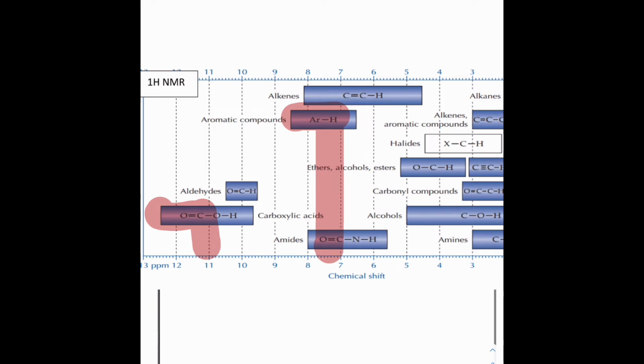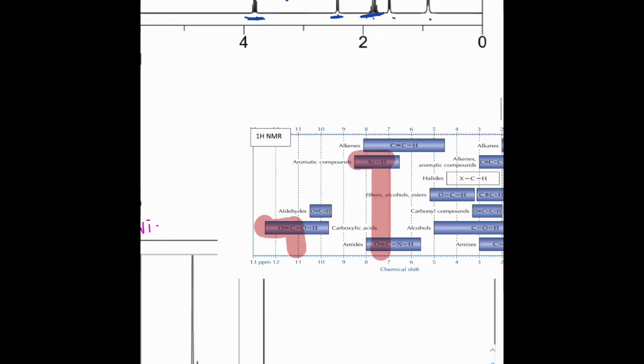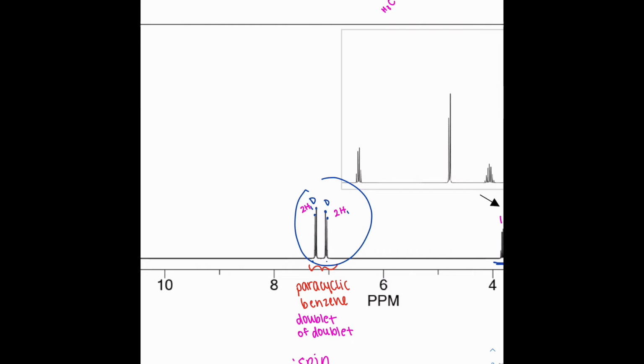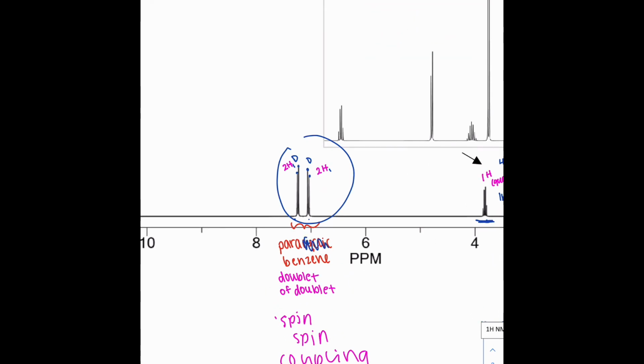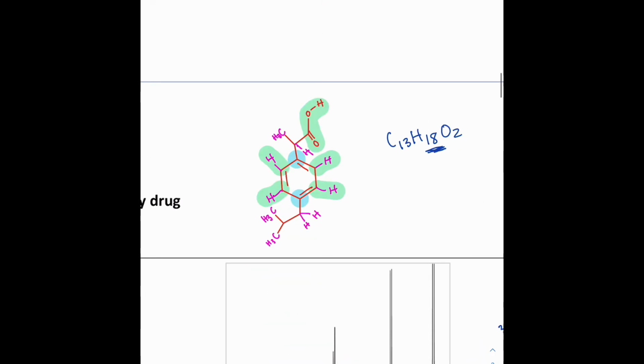And so going back, we see between 7 and 8, we do have a doublet of doublets, and that is going to be characteristic of that, or I wrote para-substituted, that para-substituted benzene that we see here.